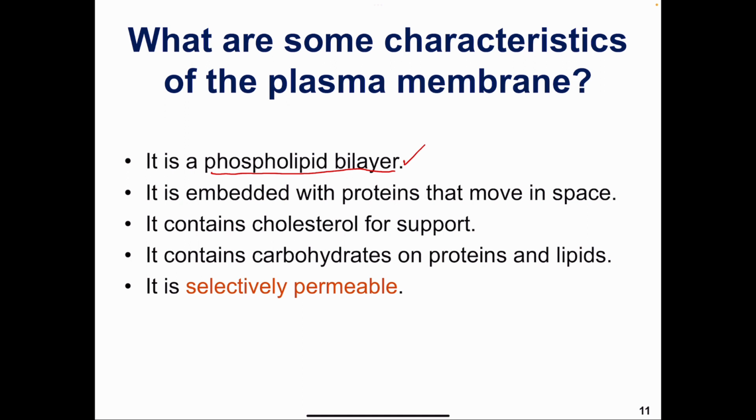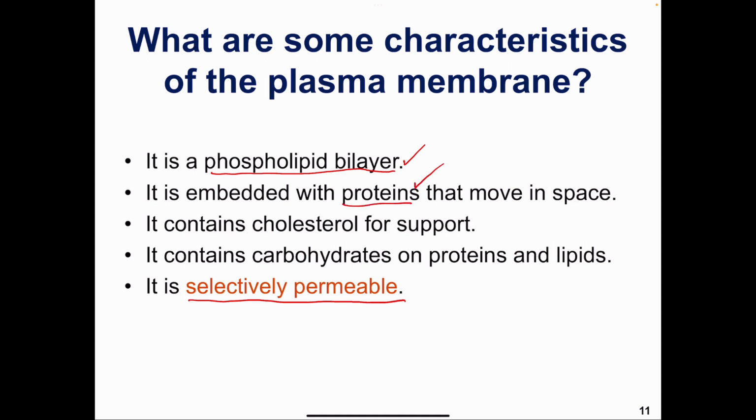That phospholipid bilayer is going to develop obviously from phospholipids and is going to cause a limit as to what can come in and what can go out. So much so that the phospholipid bilayer, or the plasma membrane, is said to be selectively permeable.